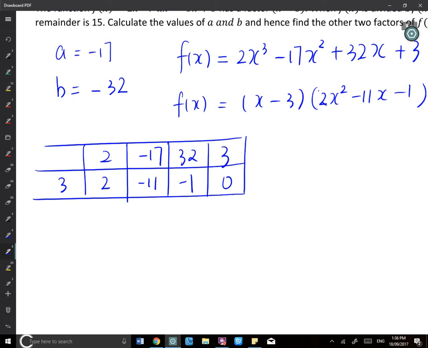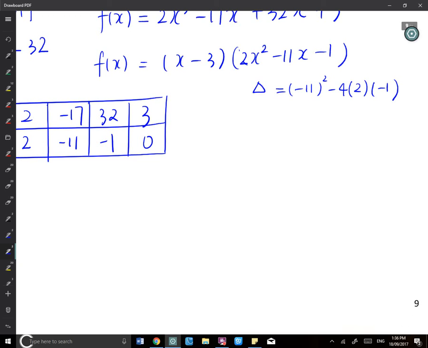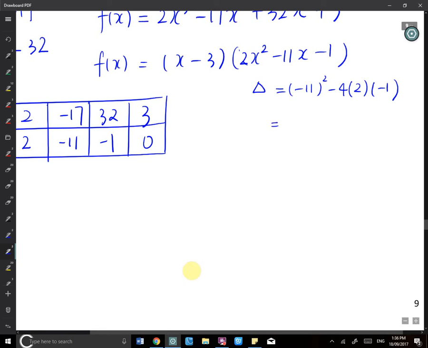So let's test that. The discriminant for that is minus 11 squared minus 4ac. b squared minus 4ac, that's the discriminant. Well, that's 121 plus 8.